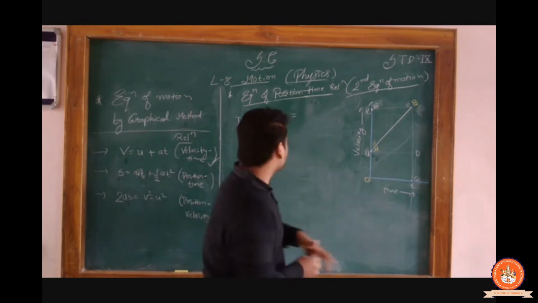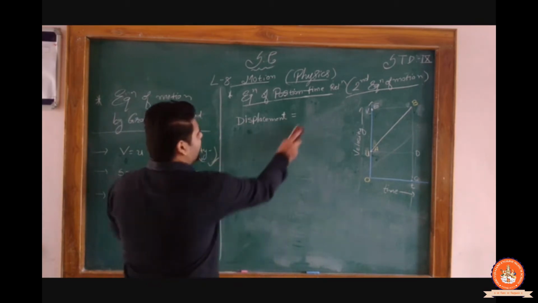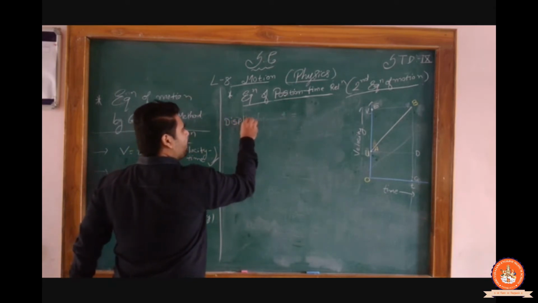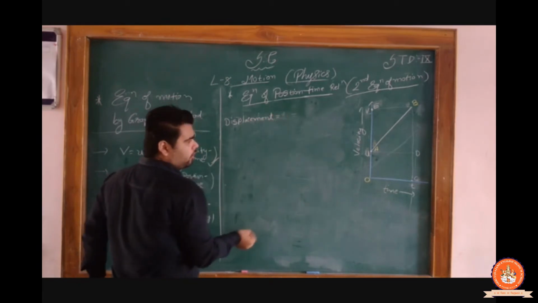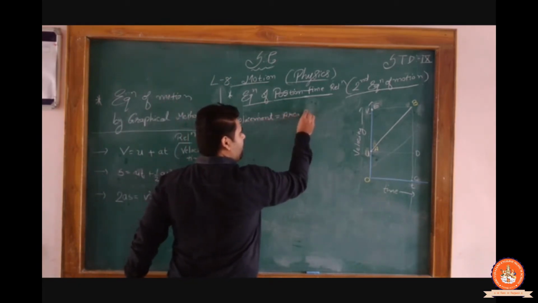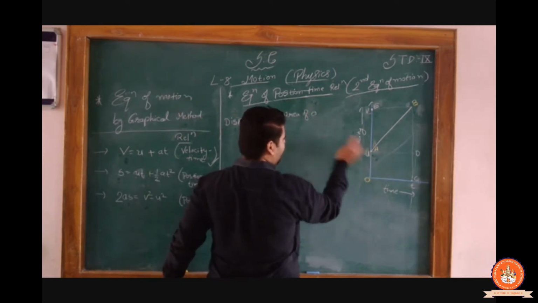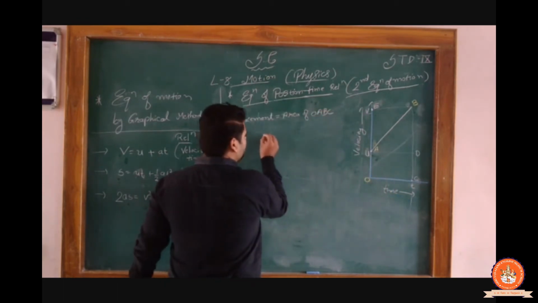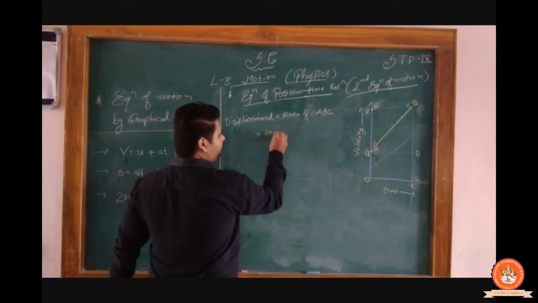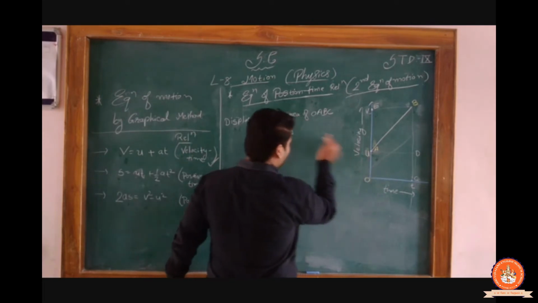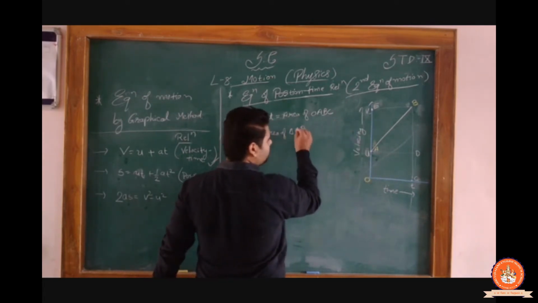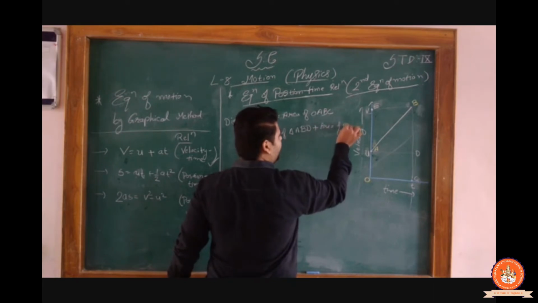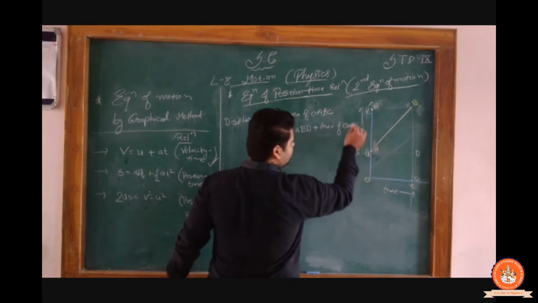So displacement equals the area of OABC, which equals the area of triangle ABD plus the area of rectangle OADC.